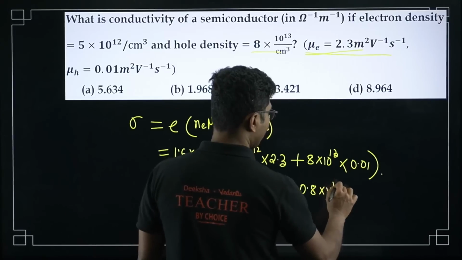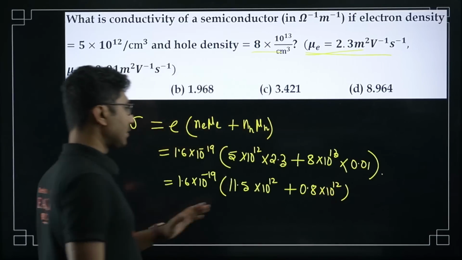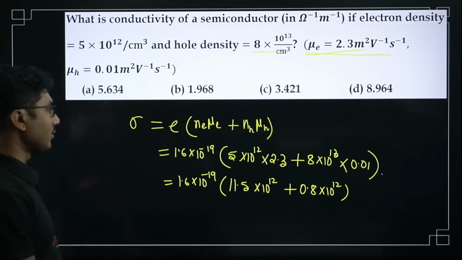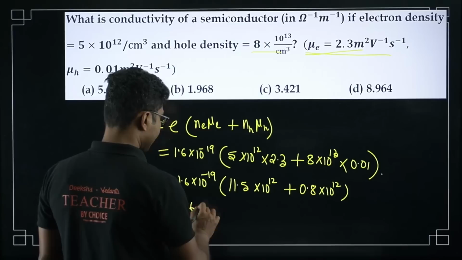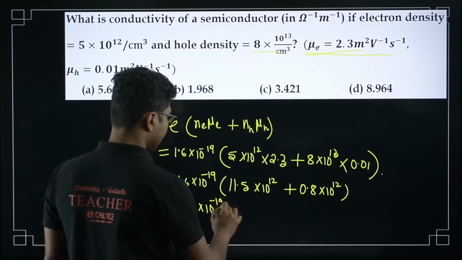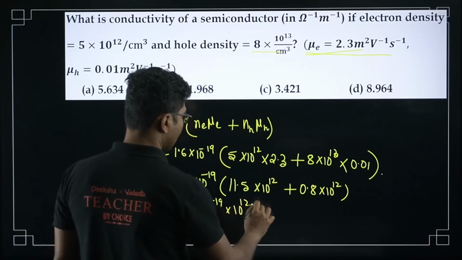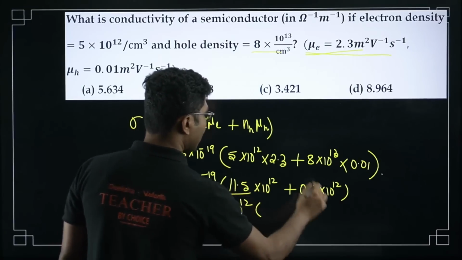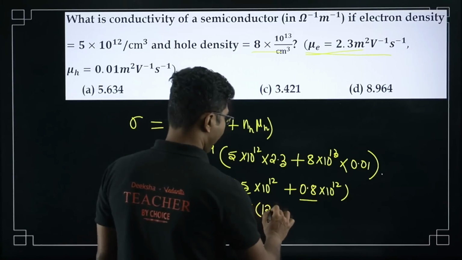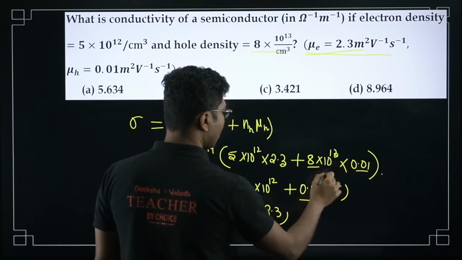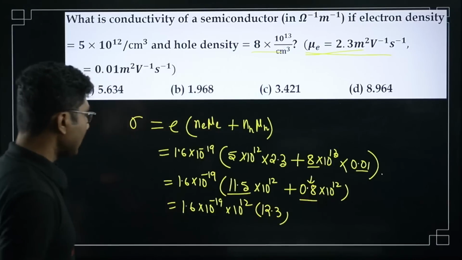So what I am trying to do, I am keeping the 10 to the power value same so that it can be common and come out of the addition. So 1.6 into 10 to the power of minus 19 into 10 to the power of 12, 11.5 plus 0.8 which is 12.3. Now please don't ask me how I got this. Okay, that is basic math.